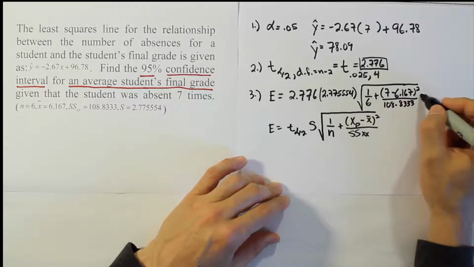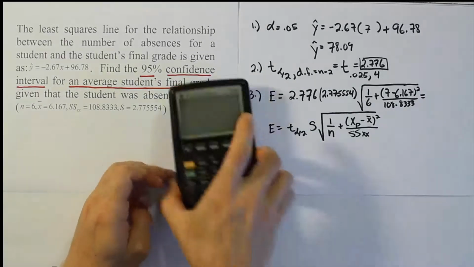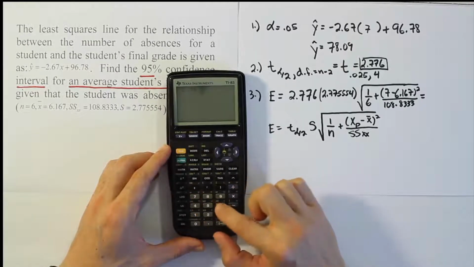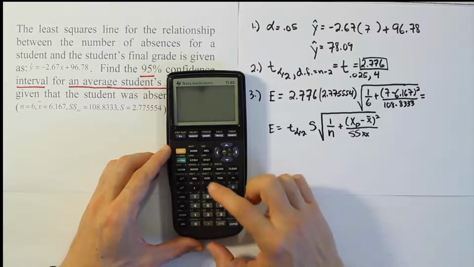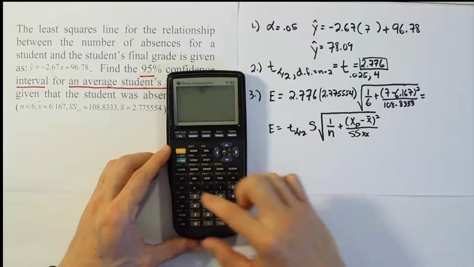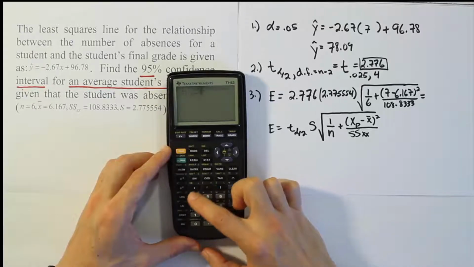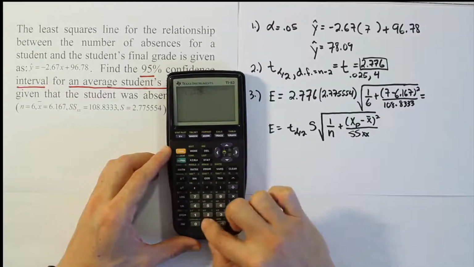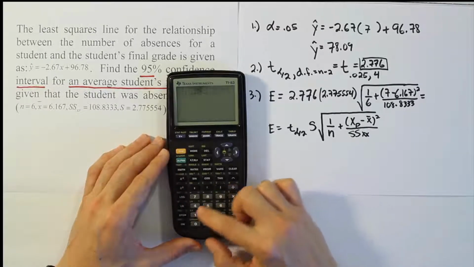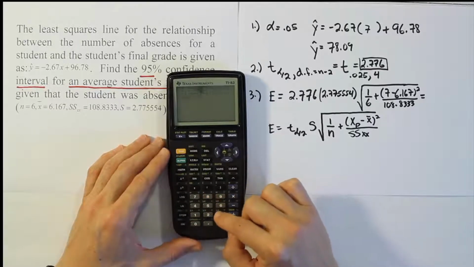Okay, let's plug that in then and see what that all works out to be. Okay, so we're going to have 2.776 times 2.775554 times the square root of 1 divided by 6 plus, open parentheses, 7 minus 6.167, close parentheses, square, divided by 108.8333.